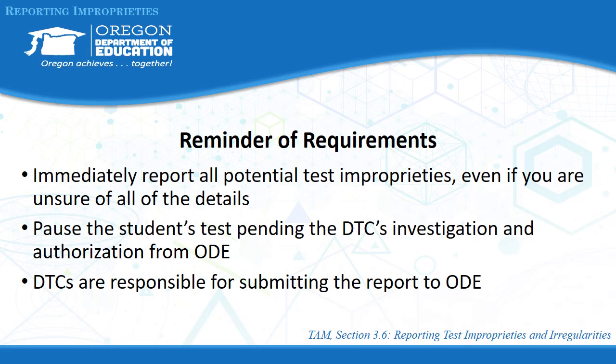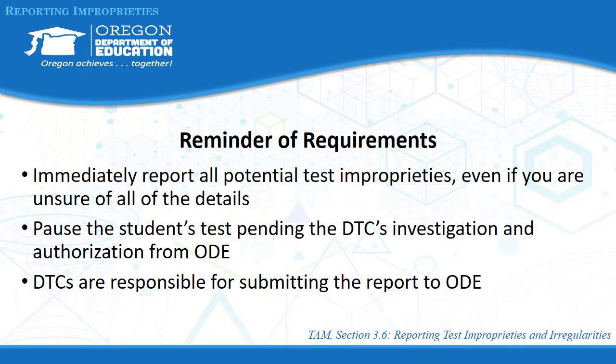Immediately pausing tests impacted by a potential test impropriety or irregularity and not resuming testing before the DTC's full investigation and confirmation from ODE regarding the outcome mitigates impact on students. In some cases, allowing a student to continue testing before resolving the issue can significantly limit the options available to that student.